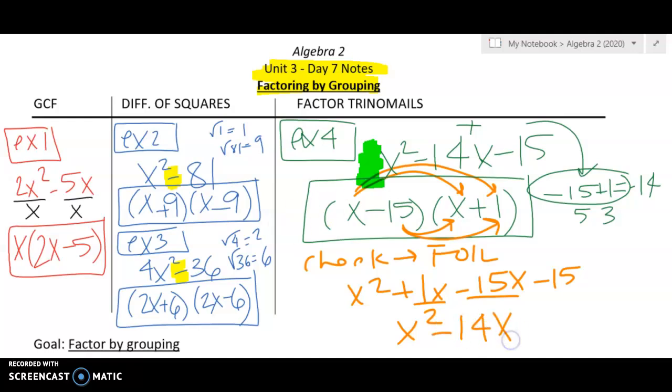So you have x squared minus 14x minus 15. And if you look at where you started in the very beginning to this problem that I just wrote out, they're exactly the same, which means you factored it correctly. So there's just a quick little recap on how you would check your work. So this orange part is not mandatory, but it's a great way to check that you did the problem correctly.